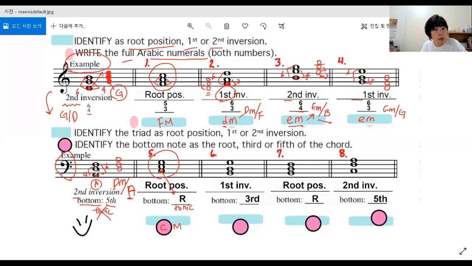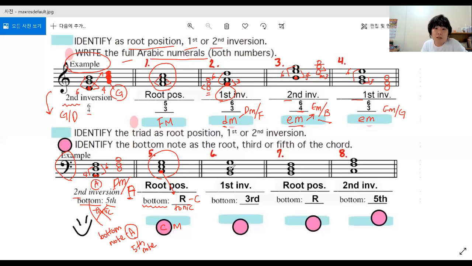The bottom note is A, which is the fifth note. Okay. So here, because this is root position, the bottom is C. So this is root, tonic is C.